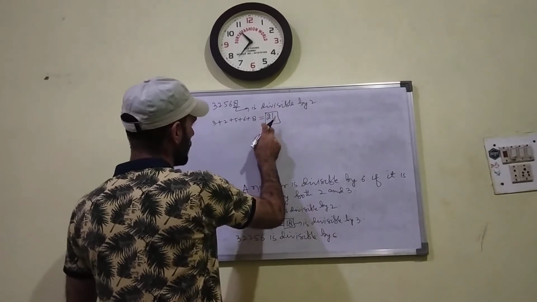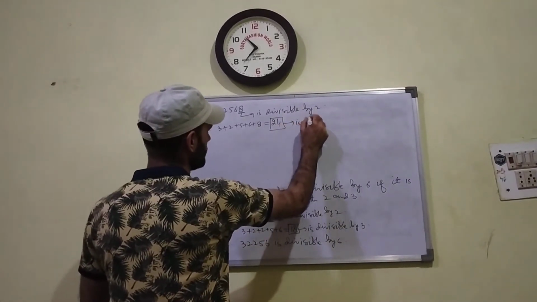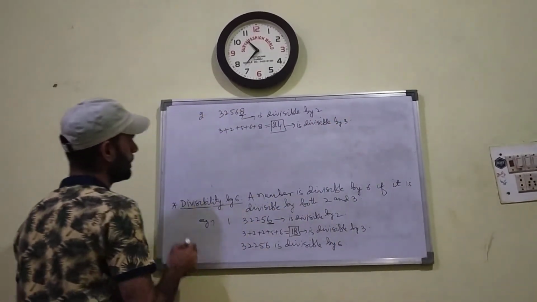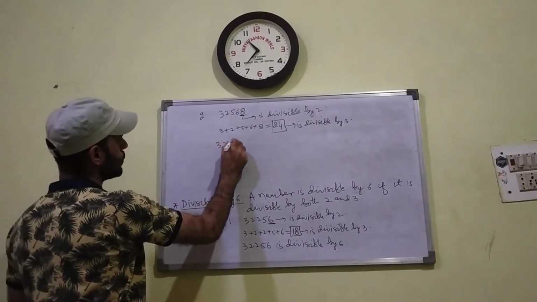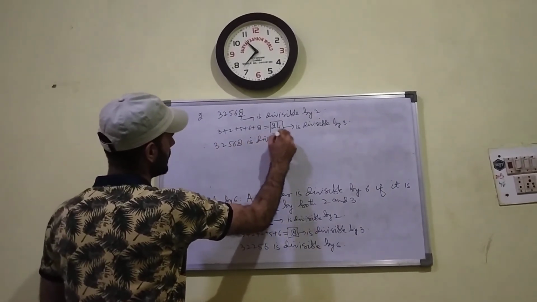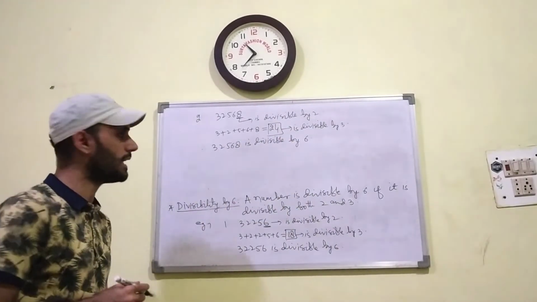Is this 24 divisible by 3? Yes, divisible by 3. Therefore the given number 32,568 is divisible by 6.